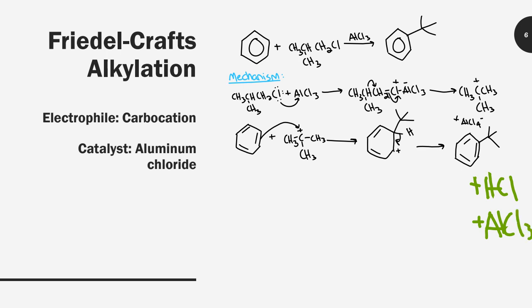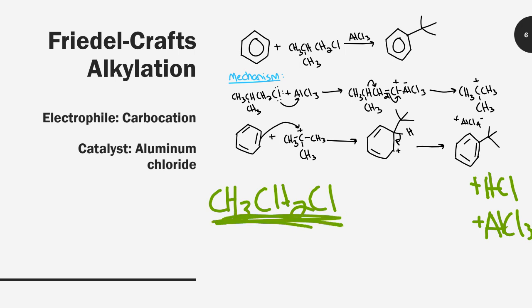So again, be careful here, because you will have to pay attention to the rearrangement. You have a few different options for how this can take place. If I add the catalyst, I would want to break this bond, but I can't because then I'll make a primary carbocation.